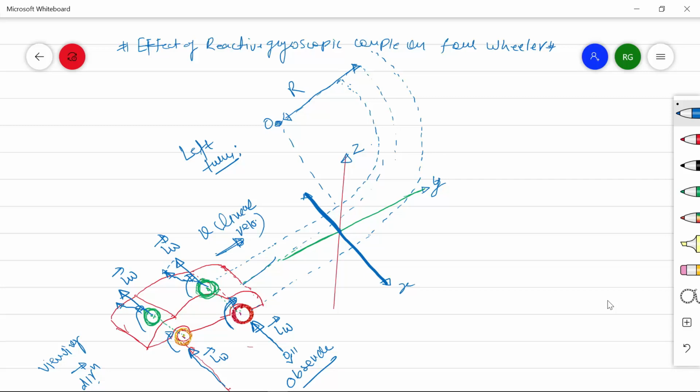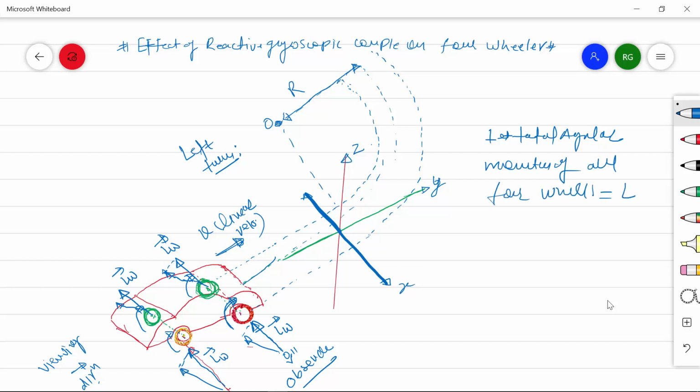All four angular momentum vectors would be in this direction. So if we consider the total angular momentum, let's say the total angular momentum of all four wheels is equal to L.